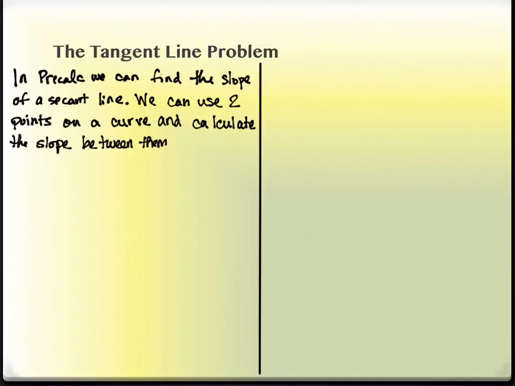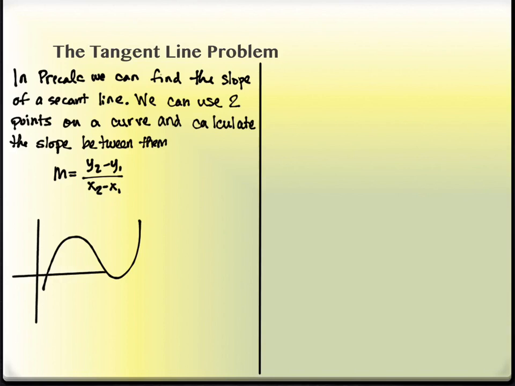All right, back to where we were. You can calculate the slope between them, and you know how to do that. You calculate slope by taking the change in the y values, so y2 minus y1, and dividing it by x2 minus x1. If we have, we're just going to draw an arbitrary curve, put it on axes.